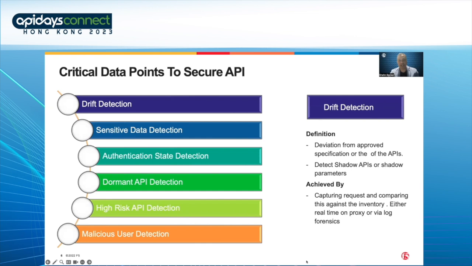But in today's day and age, where there is so much automation and applications are deployed at a very fast pace, the inventory might get outdated very fast. And with this, unknown APIs are introduced into the system. These are known as shadow APIs. It is very important to spot these deviations.